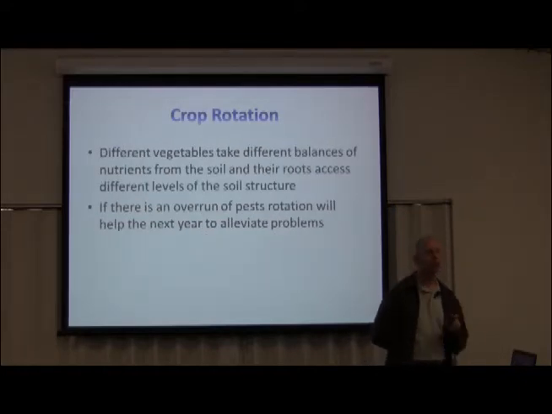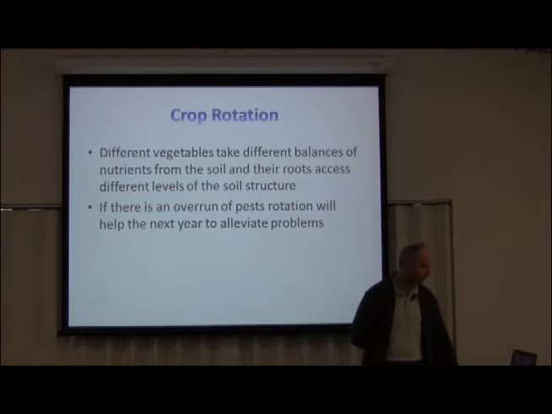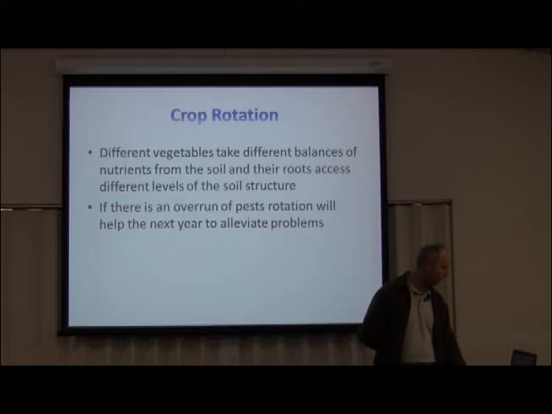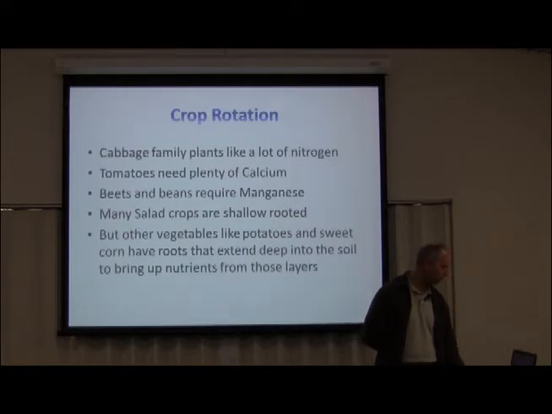So we can save ourselves a lot of the problems that will come. I guarantee you all these problems will happen, but a little bit of prevention is worth a pound of cure. Different vegetables take different balances of nutrients from the soil, and their roots access different levels of the soil structure. If there is an overrun of pests, rotation will help the next year to alleviate problems.